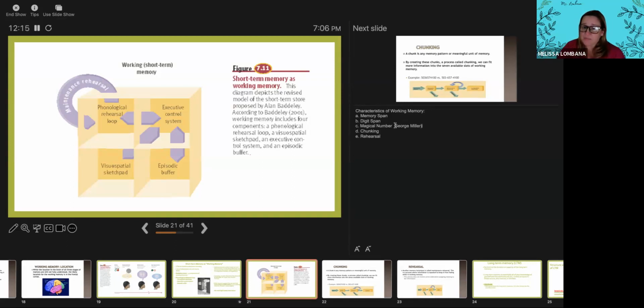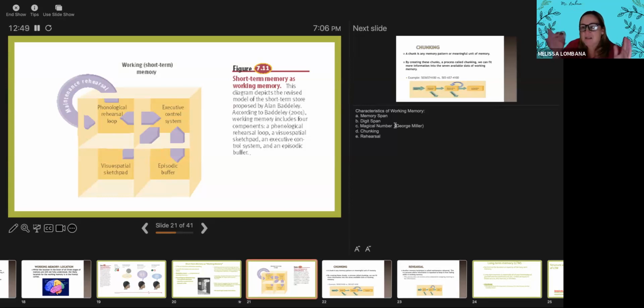George Miller discovered what he quoted as the magical number 7 plus or minus 2, which basically means, let's put it in normal people talk, humans are capable of remembering 7 items plus or minus 2. So basically, we can remember 5 to 9 items at a time.